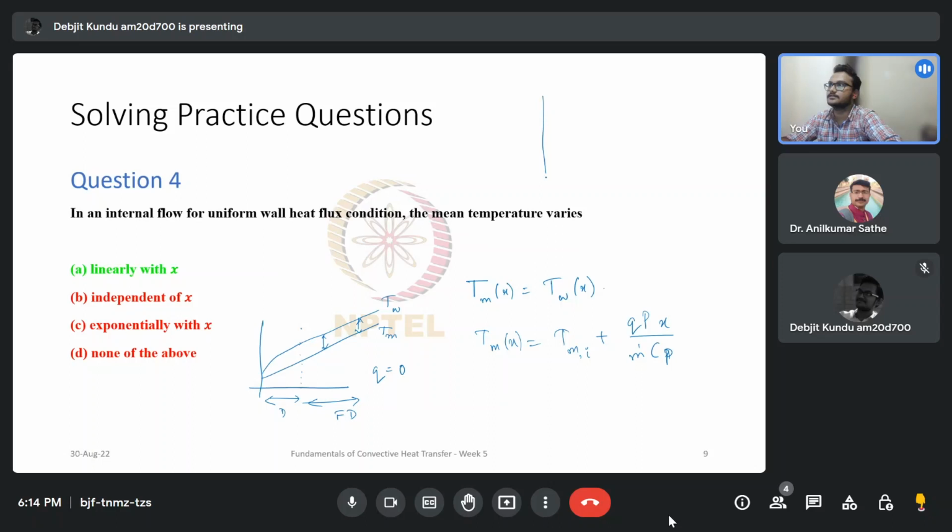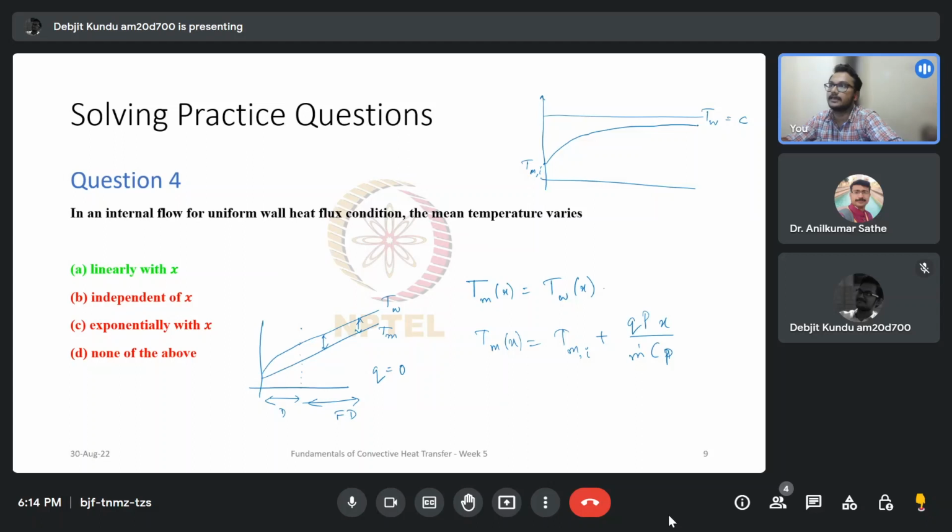And for the other case, where the wall temperature is constant, sorry, this Tw equal to constant, Tm starts from Tmi, whatever is the initial temperature, and then it varies exponentially.